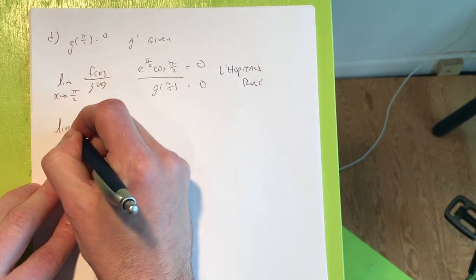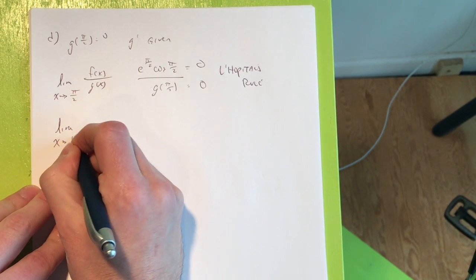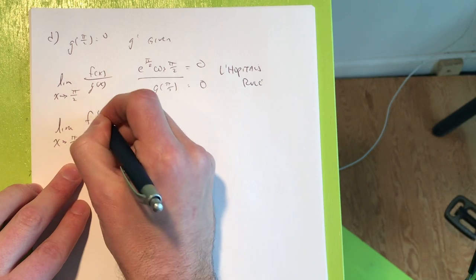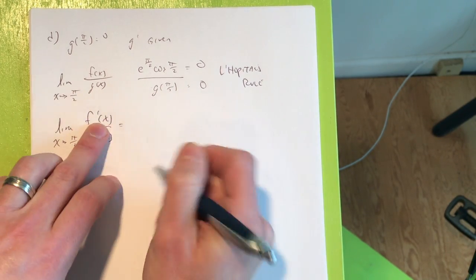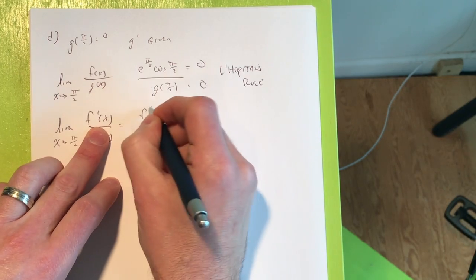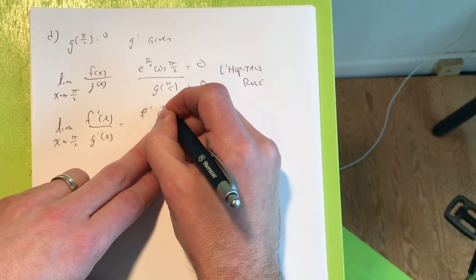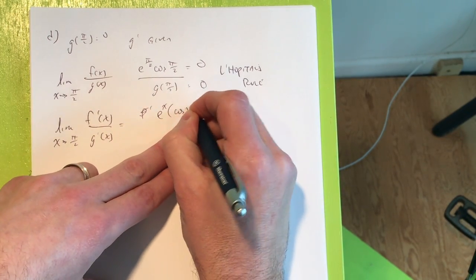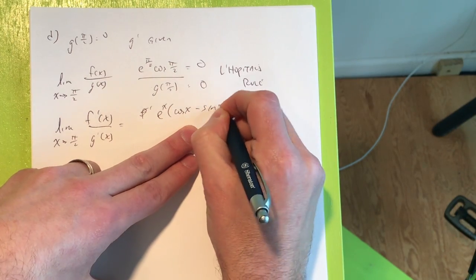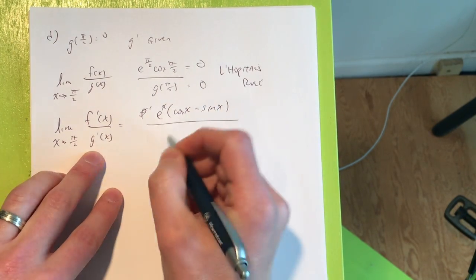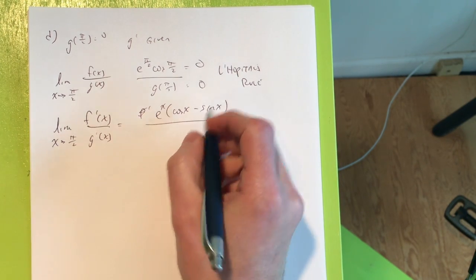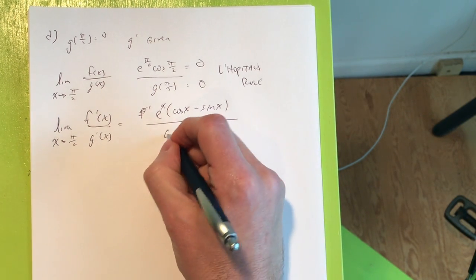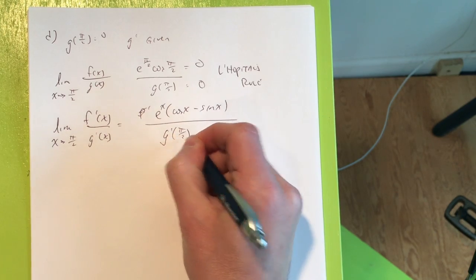So we really want to find the limit as x approaches pi over 2 of f prime of x over g prime of x. F prime of x, we know, is e to the x cosine x minus sine x over g prime of x. If we look at the graph, that gives us a value g prime of pi over 2.